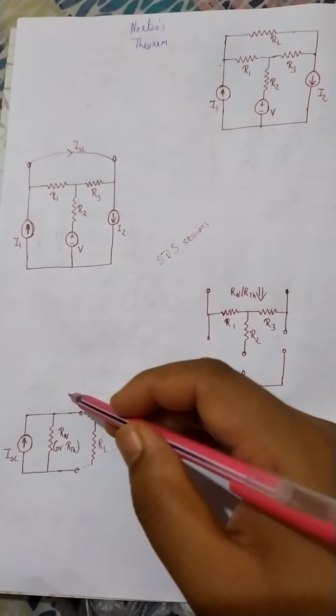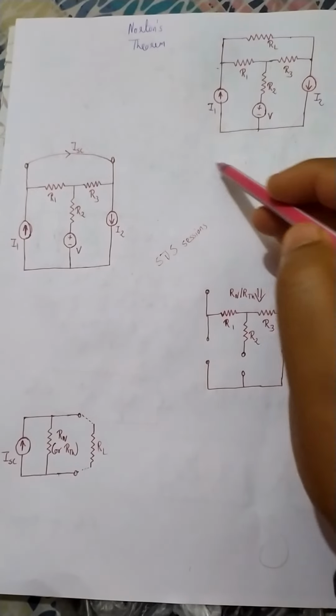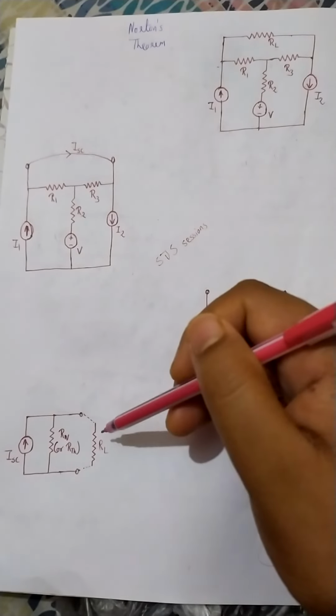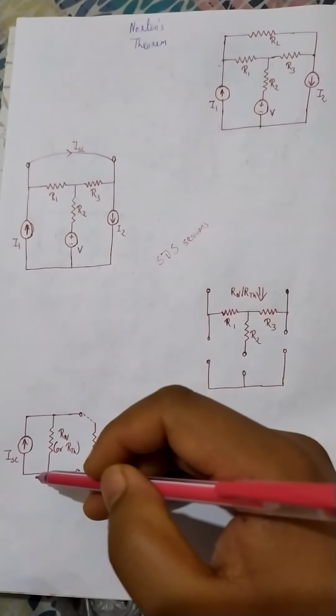So this is basically the Norton's equivalent of this arrangement, and RL is now connected at the output of it.